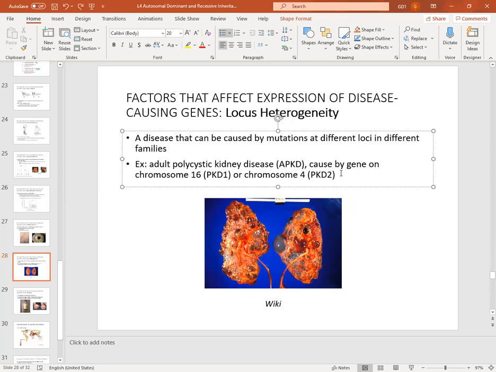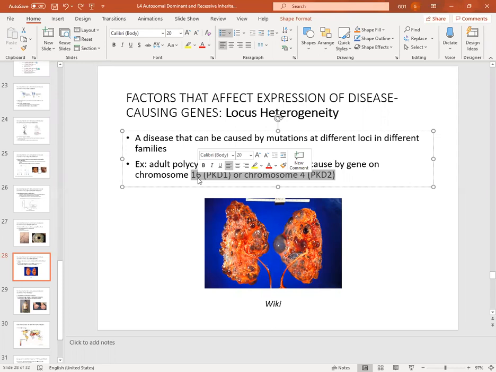But we may have a question: maybe these belong to the same gene family. Maybe these two genes are kind of globally related, maybe through gene duplication, and somehow in evolution they jumped to different chromosomes.